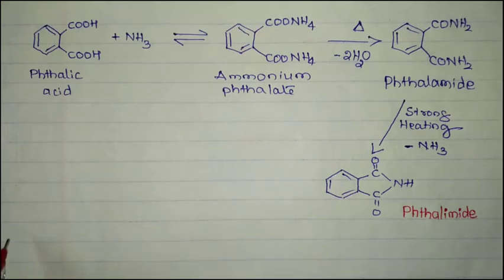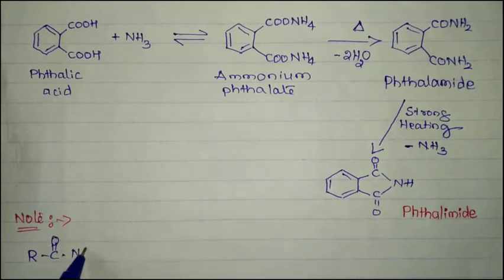Now here we'll make one note. When acid amide formed is heated with phosphorus pentoxide, dehydration takes place, giving alkyl cyanides. RCONH2, this is amide.